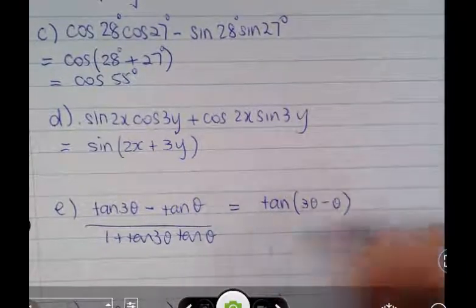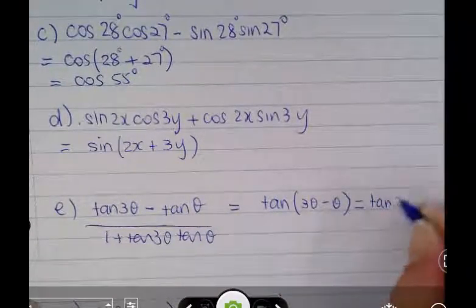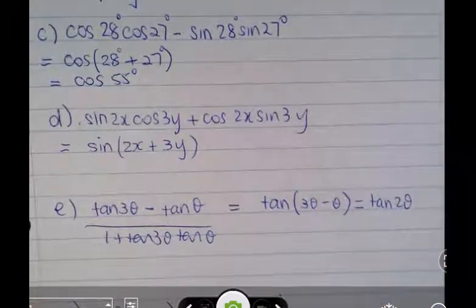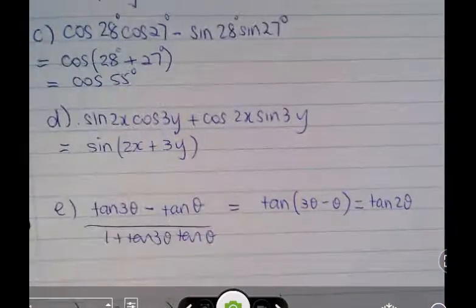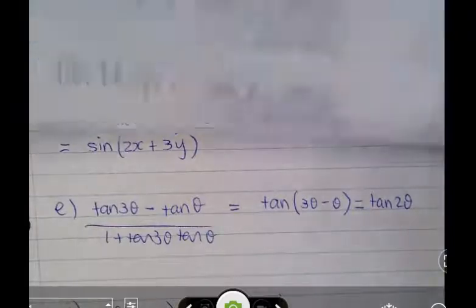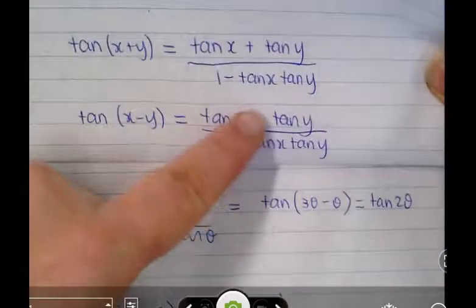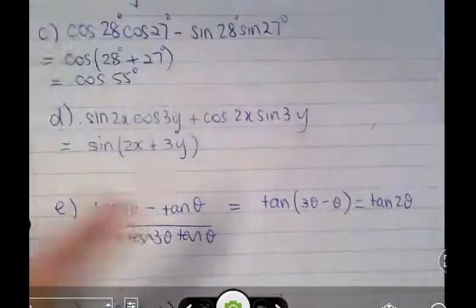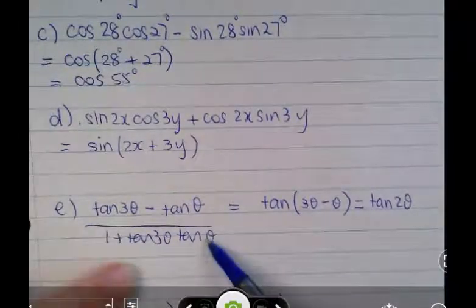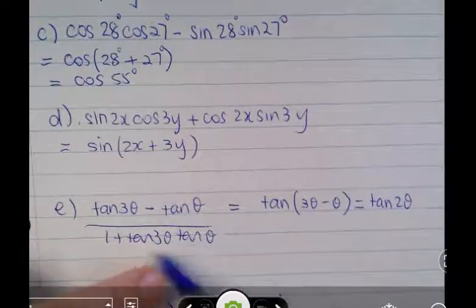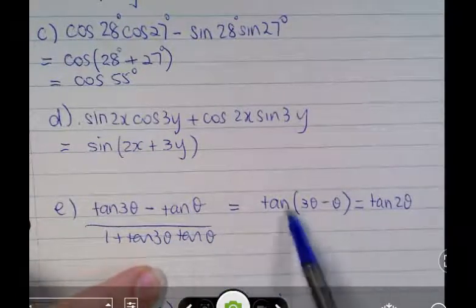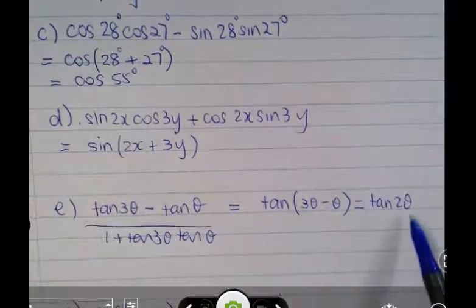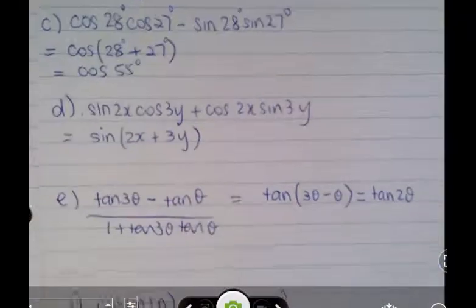Yeah, and are they like terms? Yeah, tan 2 theta. So the tan one with the denominator, the minus one has the minus plus. And notice that it's 1 plus the same things multiplied by each other on the denominator. So it's the tan of 3 theta minus theta, which is the tan of 2 theta.